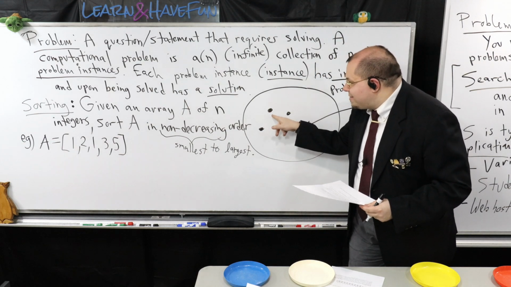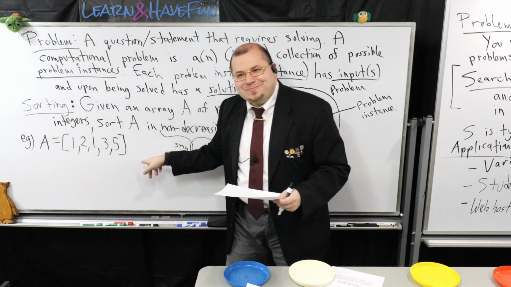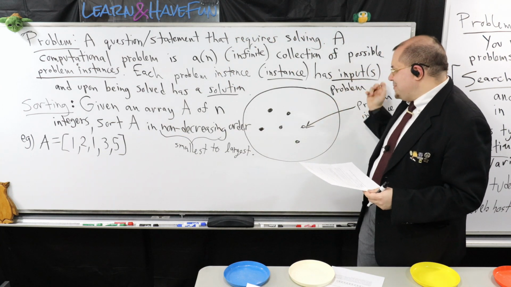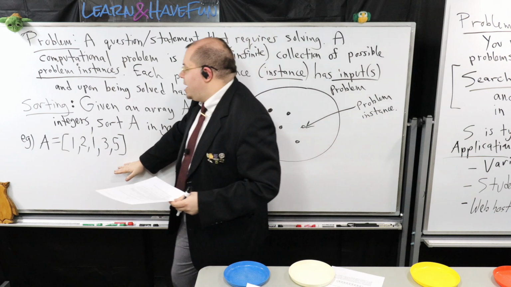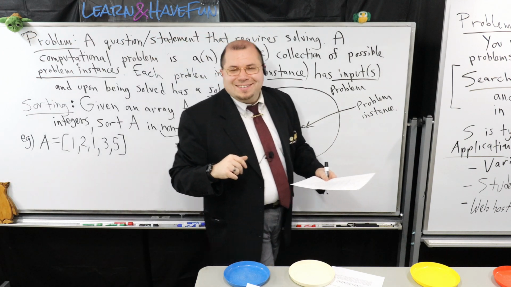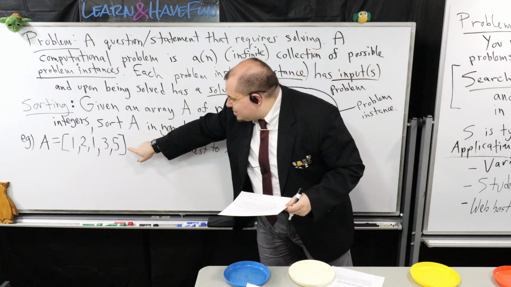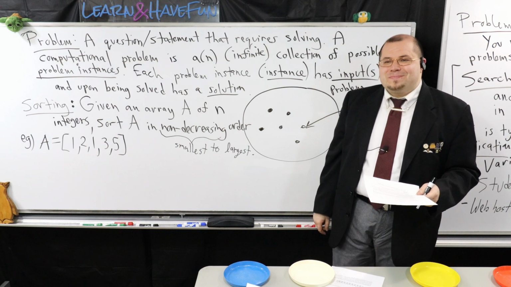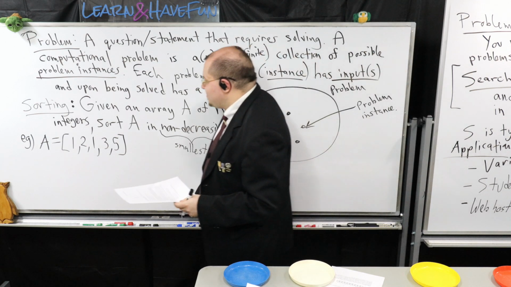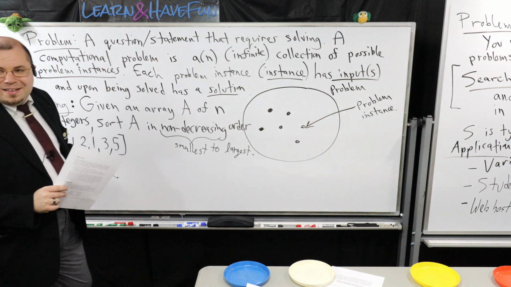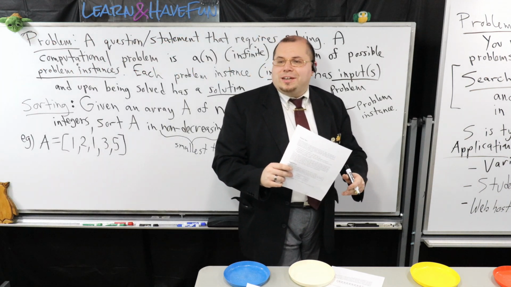If I think about the sorting problem, each one of these dots is going to be an array of length n, where n is fixed for that one instance. So can somebody tell me what would be the solution to this array here?